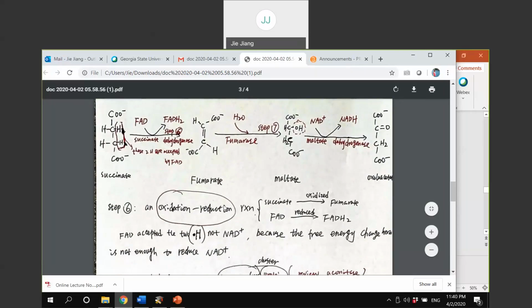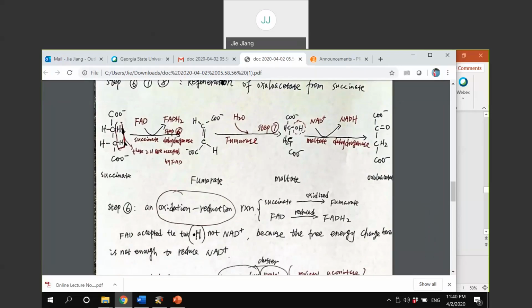Here you may have a question. Before, when we had oxidation-reduction reactions, we mostly used NAD+ to accept hydride to form NADH. Right? We use NAD+ as an oxidizing agent. So why here do we use FAD instead of NAD+?